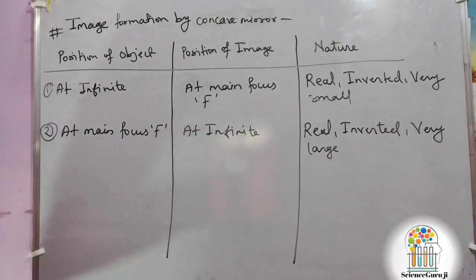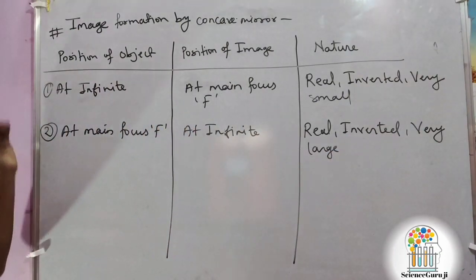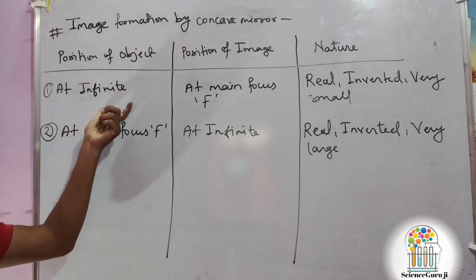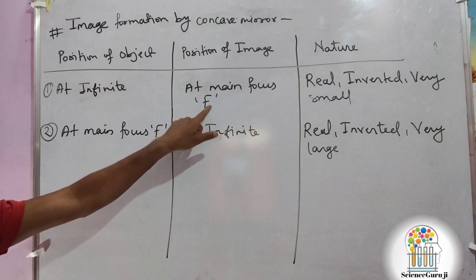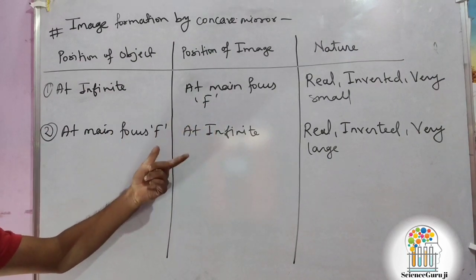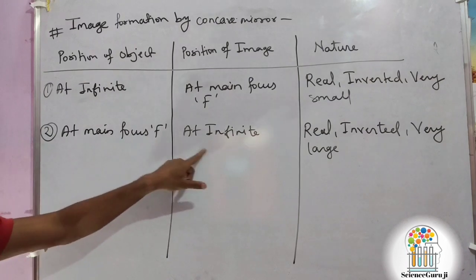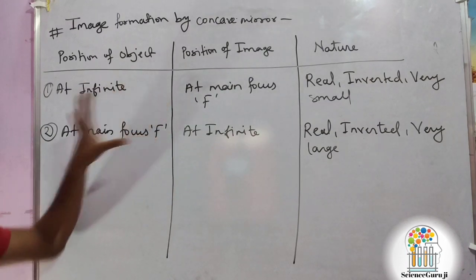Here is one correlation between the first and second: if the object is placed at infinity, the image is at the main focus, and if we put the object at the main focus, the image forms at infinity. It means they are just the opposite of each other.